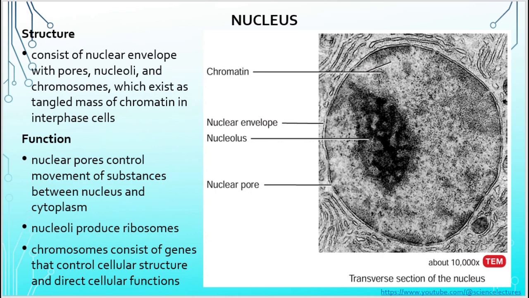Each chromosome is a long molecule of DNA that is coiled together with several proteins. This complex of DNA, proteins, and some RNA is called chromatin. The total genetic information carried in a cell or an organism is referred to as its genome.